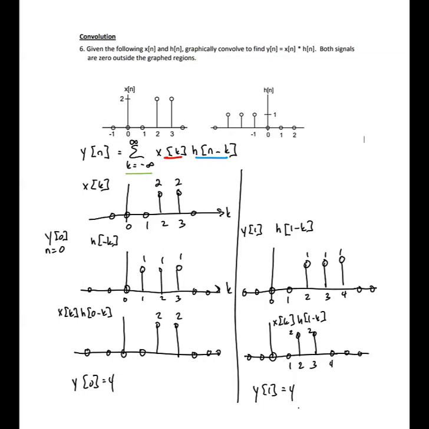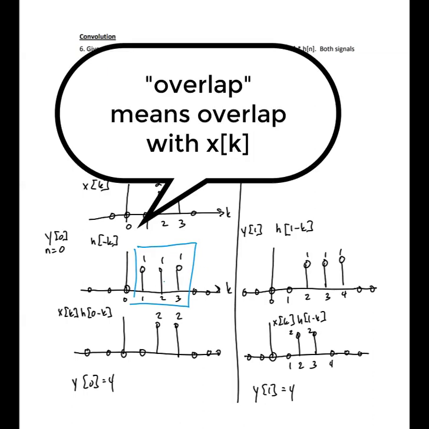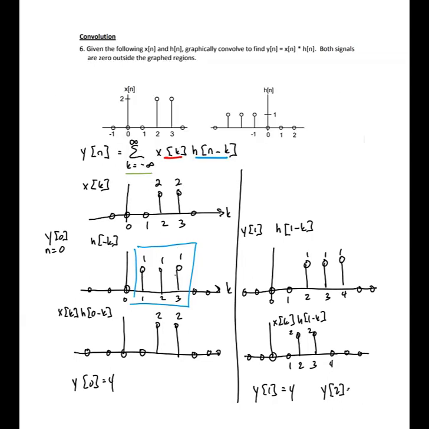We can shift it to the right one more time. You can see here that these are the only non-zero parts. When we shifted it to the right by 1, we still had this overlap by 2. But if we shift it to the right by 2 to find y of 2, the only place that it's going to overlap our original x of k is in this one location.